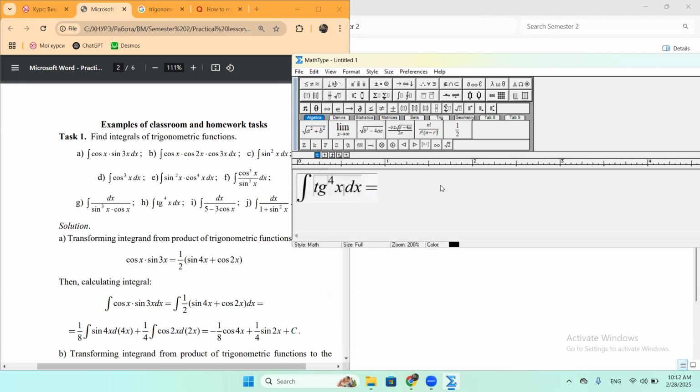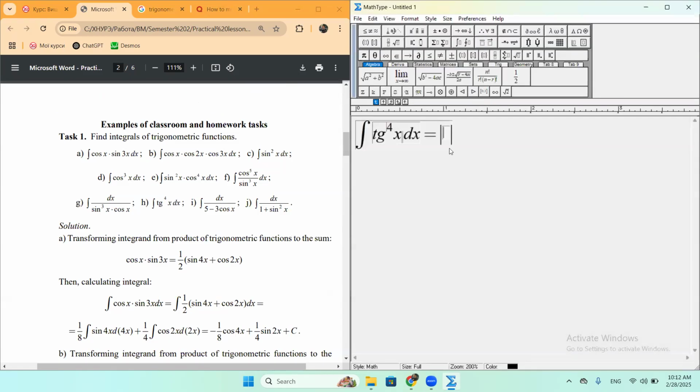So let's do the following substitution. I will show you how to solve it. So tangent of x equals t.